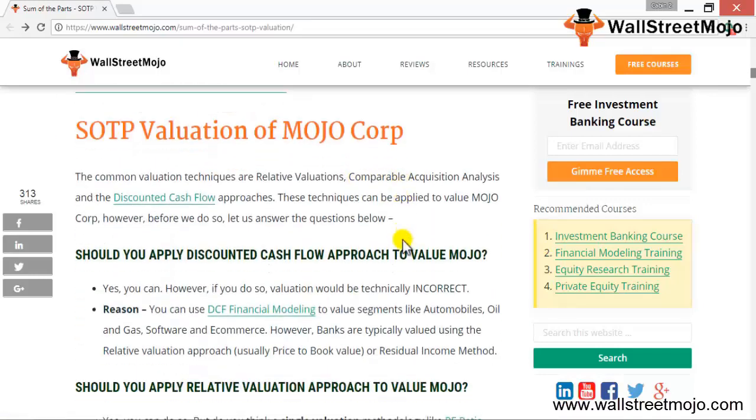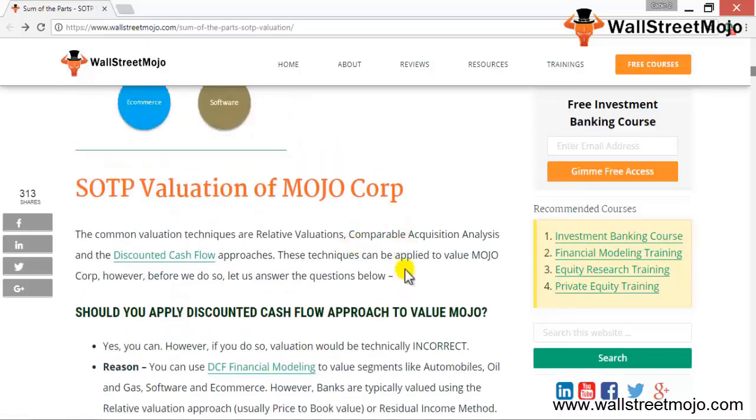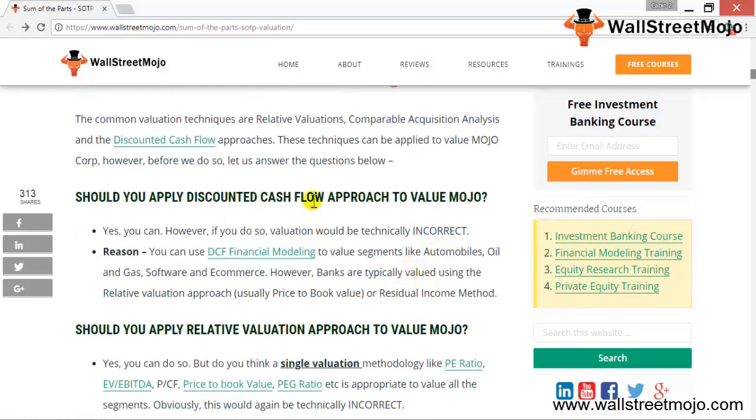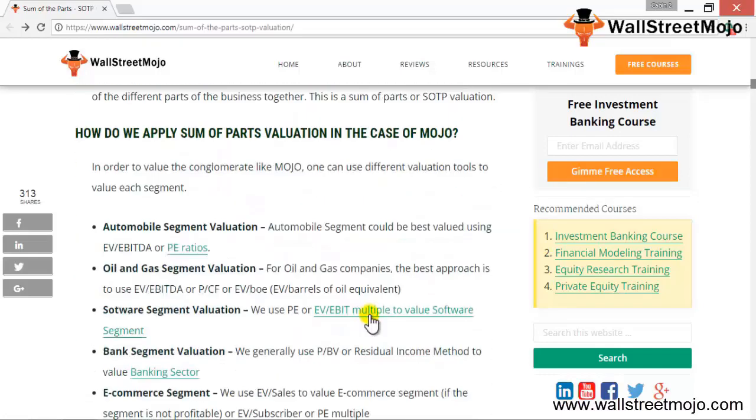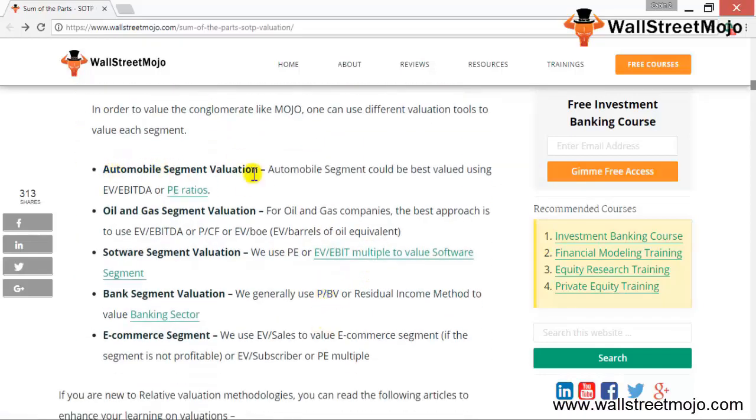So, SOTP valuation of Mojo Corp, with different segments of the company, like what I've said. So automobile would be valued using the EV by EBITDA multiple, or the EV multiple, or the PE ratios. Oil and gas can be valued using the EV or EV by BOE, which is barrels of oil equivalent.